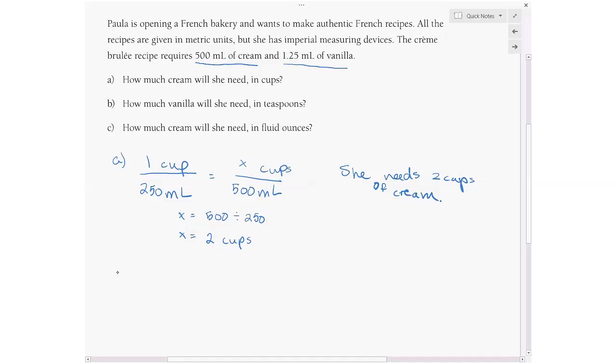Anyway, B: how much vanilla will she need in teaspoons? Well, she needs 1.25 milliliters, and 1 teaspoon is 5 milliliters, we saw on the previous page, and we need to know how many teaspoons that is.